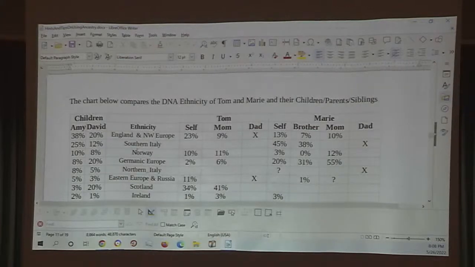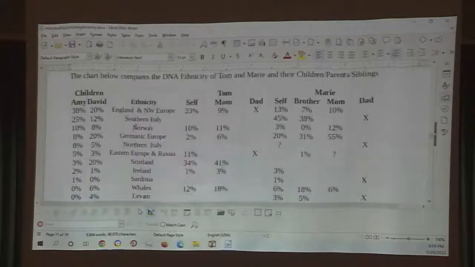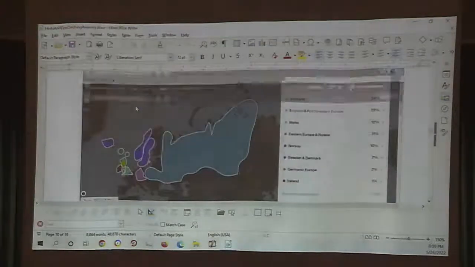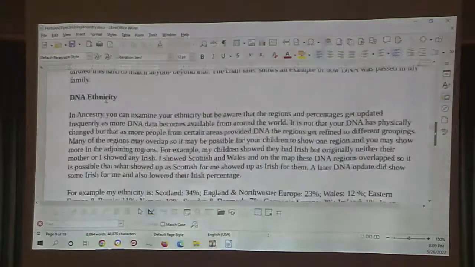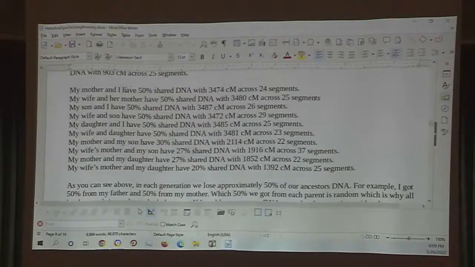I took my daughter, my son, myself, my mother, my father, Marie my wife, her brother, mother, and dad, and I compared our ethnicity. That's in that paper there. Here it talks about how my mother and I have 50% shared DNA, but that's expected, right?